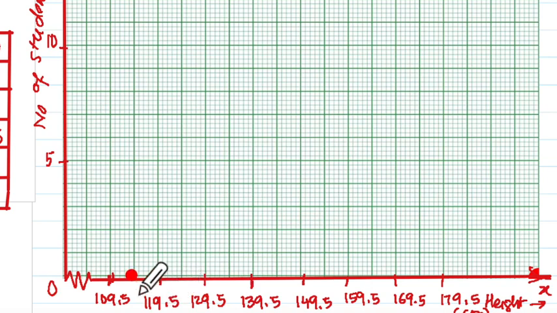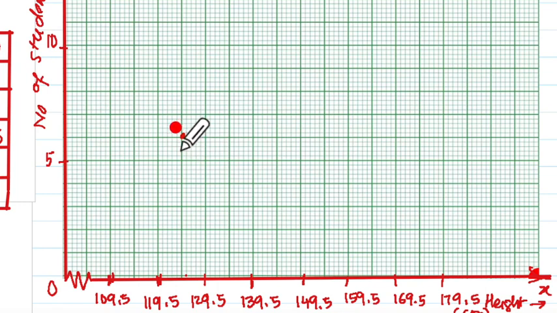Now for frequency polygon, our first class interval is from 119 to 129. So we will take the mid value over here and we go to 6. These are 5 boxes for 5 values. So 6 boxes will come here, and from 119 to 129 we will go 6 boxes.